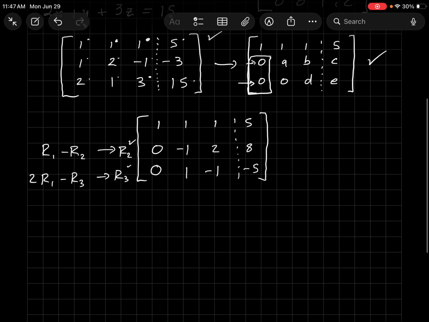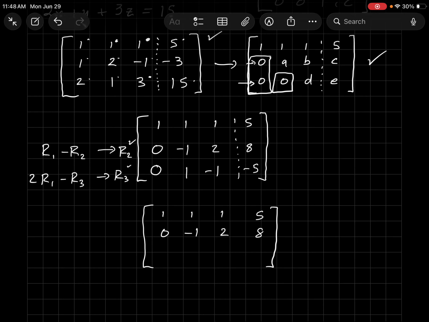at least to start. And after I do this, I'm going to do something one more time so that I get a 0 right here in row 3, column 2. And to do this, I'm going to rewrite column 1 and my new column 2 again. I'm just going to leave them as is. So first matrix, row 1 and row 2 to get a new row 2.